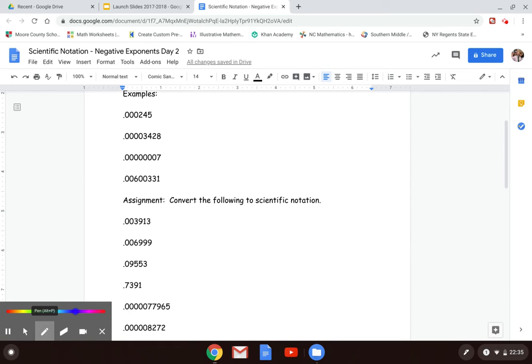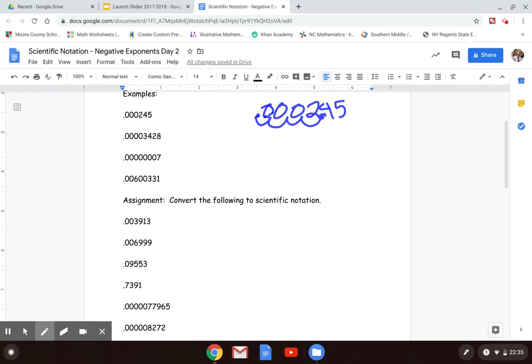Okay, so if you look at the first one, I have 0.000245. If I rewrite that number over here, I'm going to move my decimal point till I have one number to the left. So I move 1, 2, 3, 4.